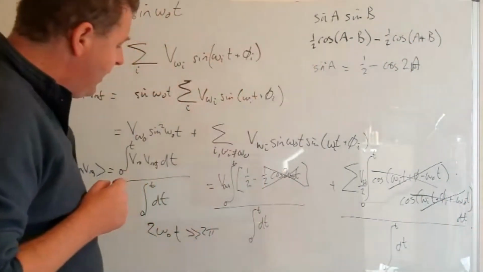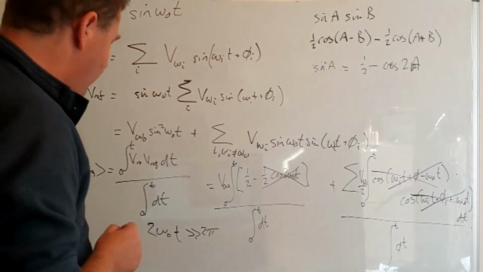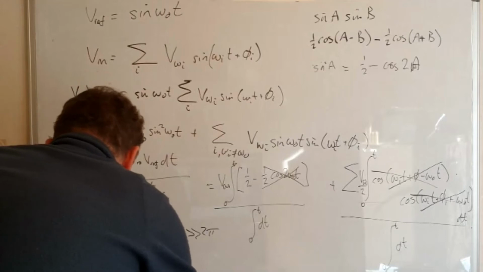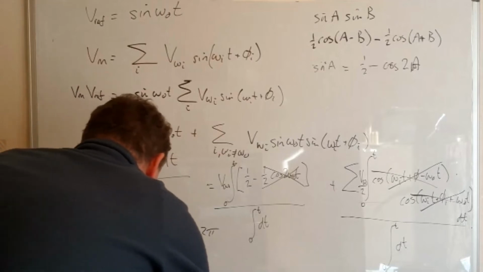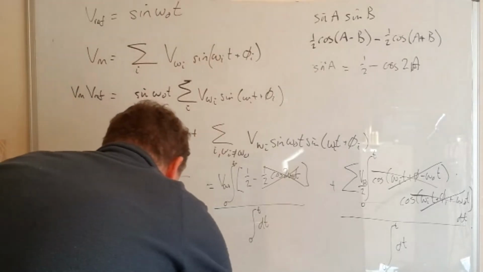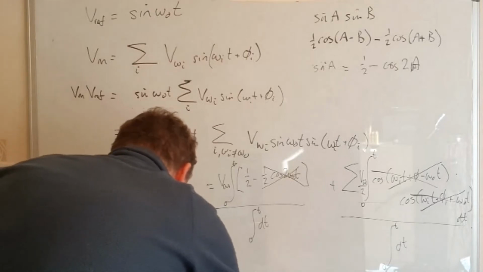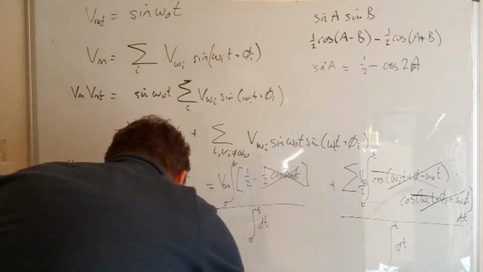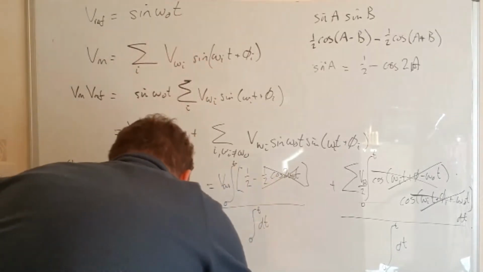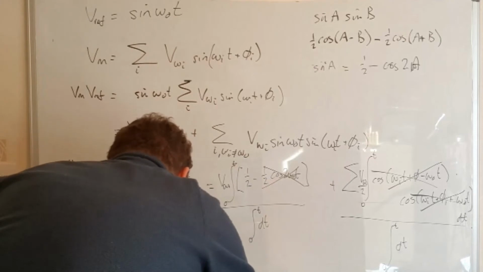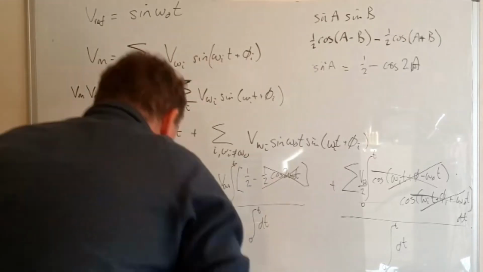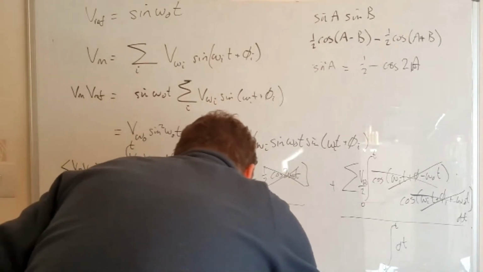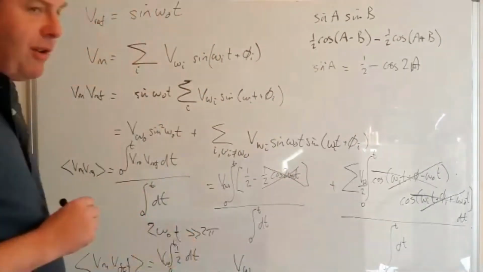And so the only thing that's actually left in this average becomes the integral of a half dt over the integral dt times the voltage omega naught, 0 to t, 0 to t, and fairly obviously that is just v omega naught over 2.